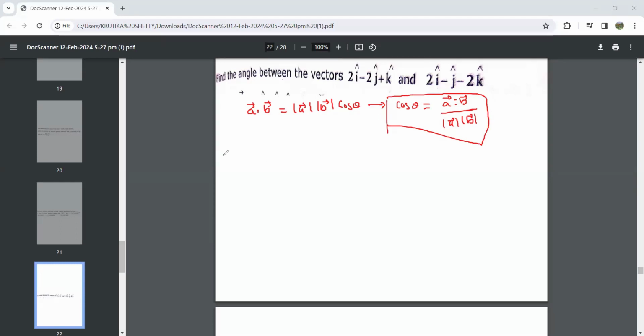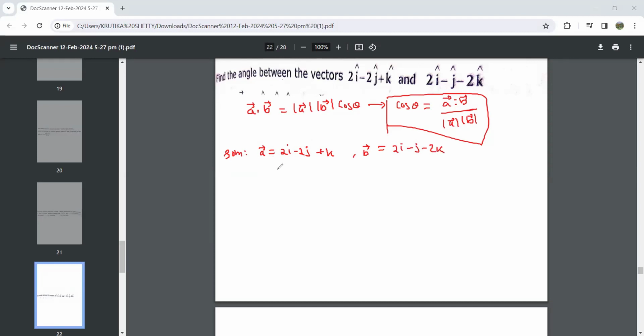See, in the solution we are considering the two vectors as vector A equal to 2i minus 2j plus k, and vector B equal to 2i minus j minus 2k.